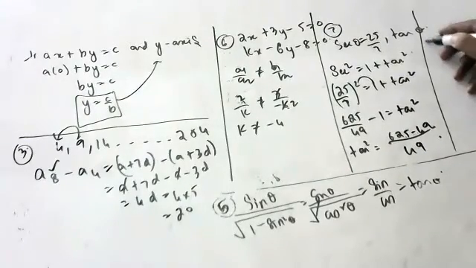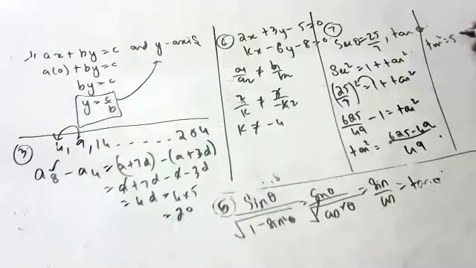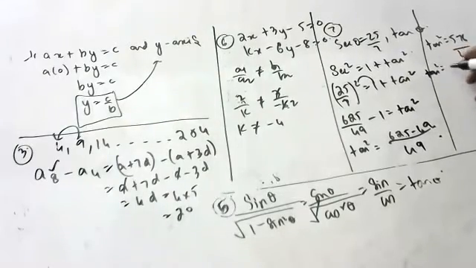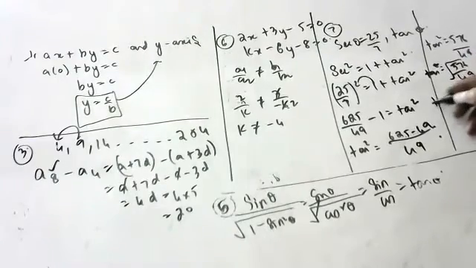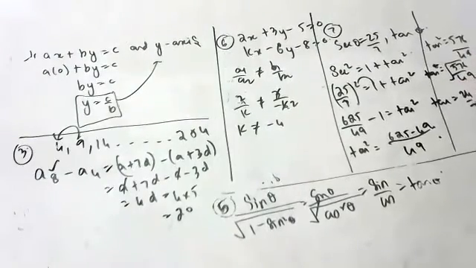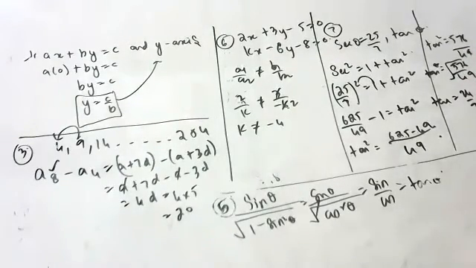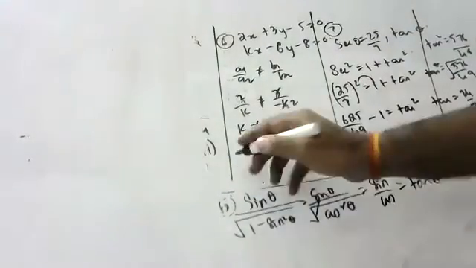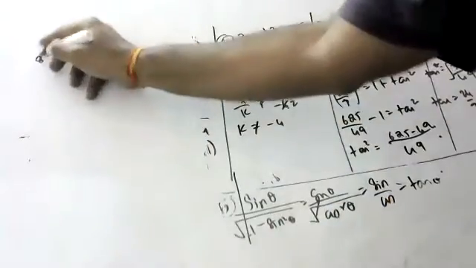Tan square theta is equal to 576 by 49, which is 24 by 7 whole square. Tan theta is equal to 24 by 7, children. So will plus or minus come or not? Yes, plus or minus you can write, children. Next, 8th question.